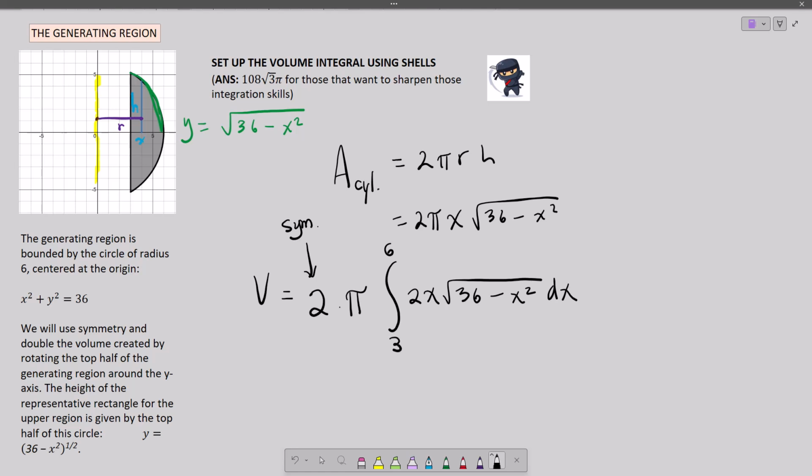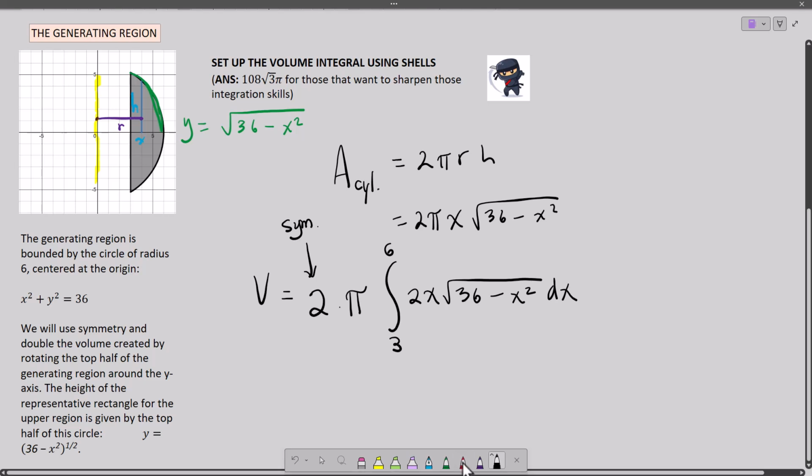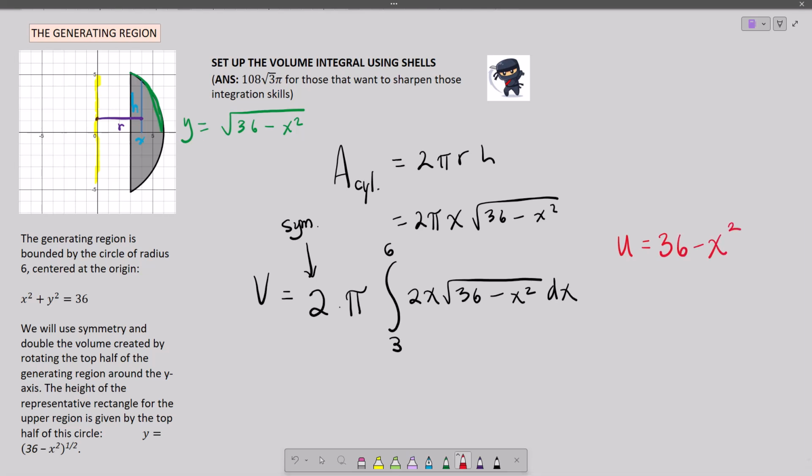Now this square root, we saw with the torus square root, we couldn't do it with substitution. The torus one, when we looked at the inside of the square root, its derivative was not around. What about here if we try substitution? Can we do substitution here? So we have 36 minus x squared.